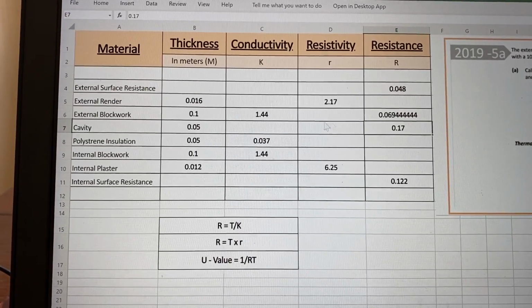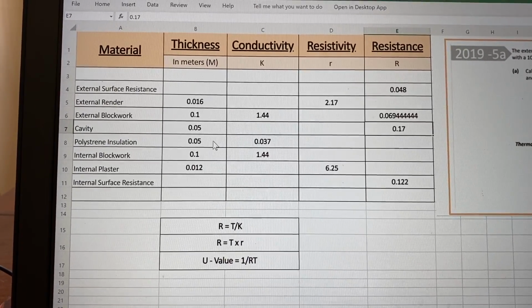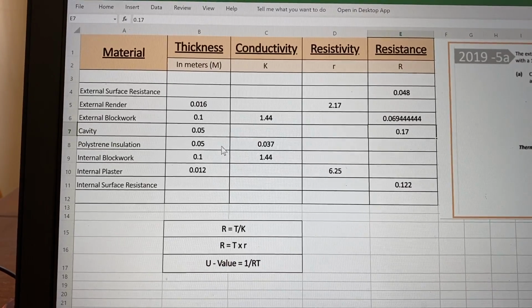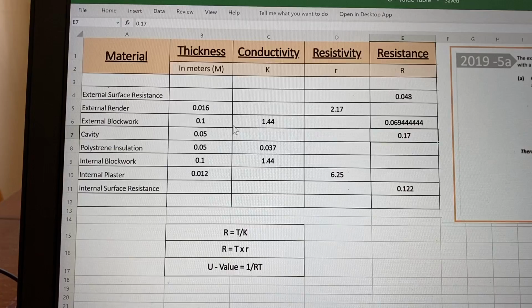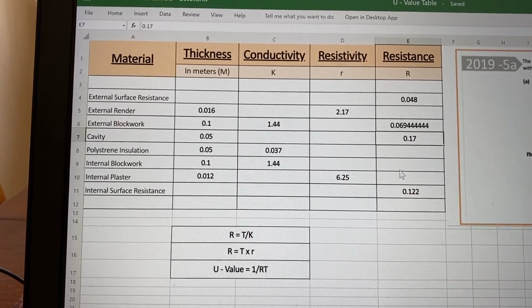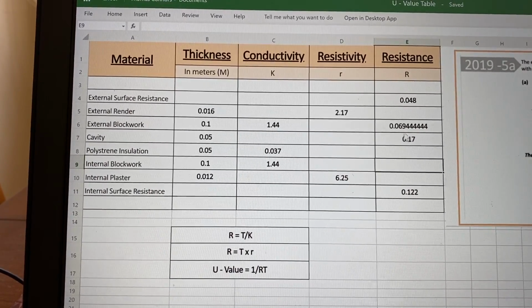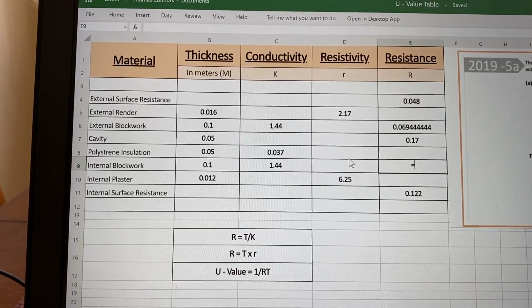Now, another conductivity and thickness one here, these two. If you notice, I have this and this, therefore it's going to be the same as this one here, and I'm just going to show you.